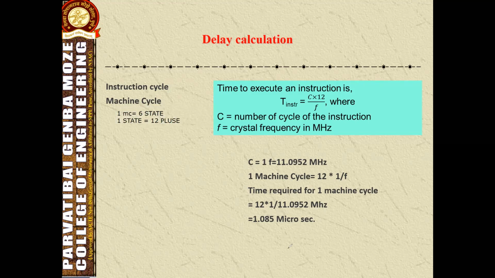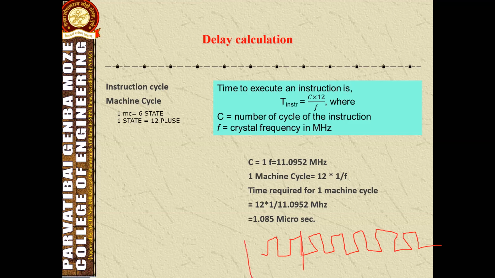I have explained this: these are the clock pulses. Each state starts with 2 pulses. This is the first state, this is the second state, and like this there are a total of 6 states, and each state consists of 2 pulses.